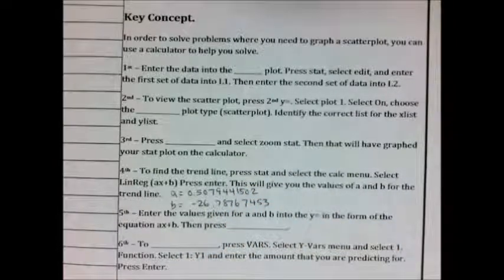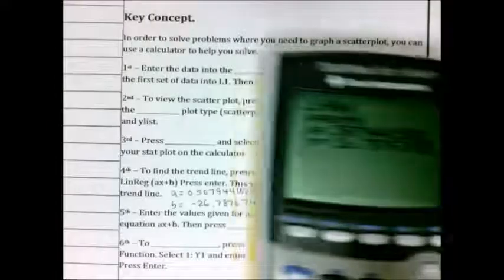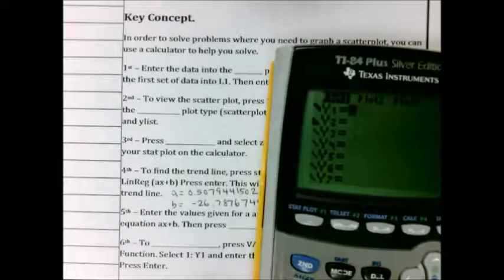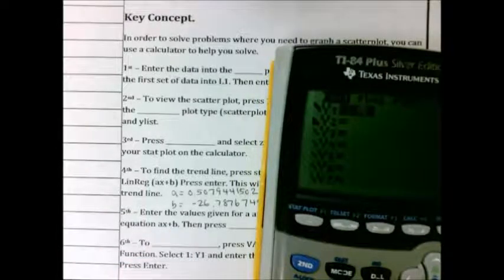Now when we go to our y equals, we're going to put those numbers into the form of AX plus B. That means we need to start with A. So A is 0.5079441502.